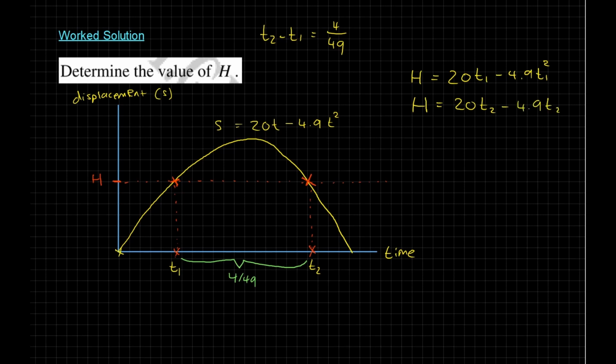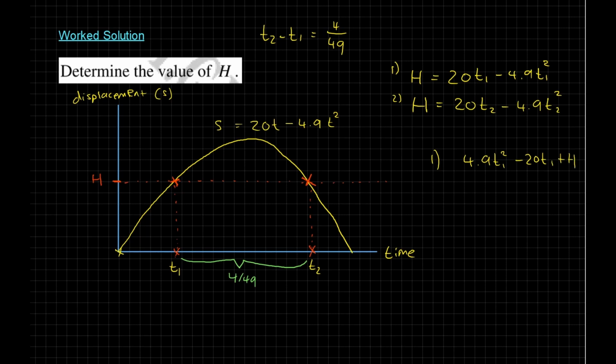t2 squared. If we rearrange both of these into the forms of quadratics, then let's call this, say, number 1 and number 2. Then number 1 is going to be the same as 4.9 t1 squared minus 20t1. Let me get this the right way around, plus h, oops, plus h equals 0.